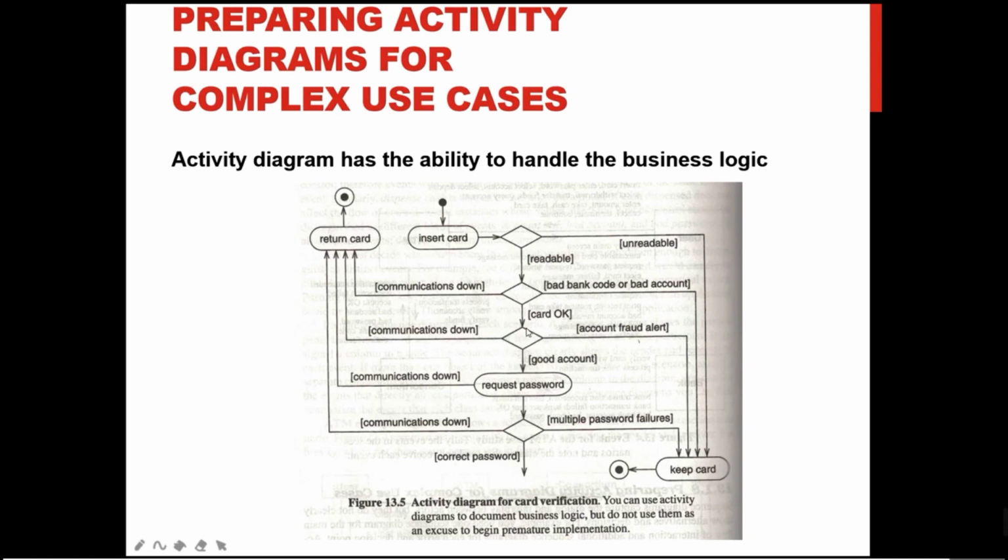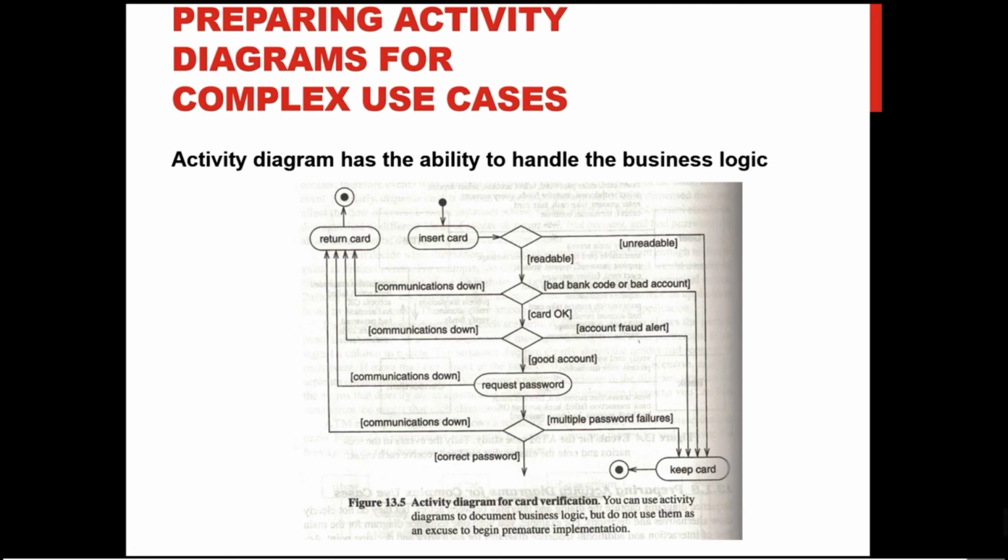If the card is okay, it will check the account. If the account is good, it will request the password, and if the password is correct, then the card verification finishes. If there are multiple password failures, it will also keep the card. So this is an activity diagram.